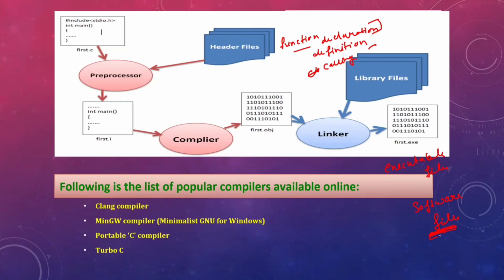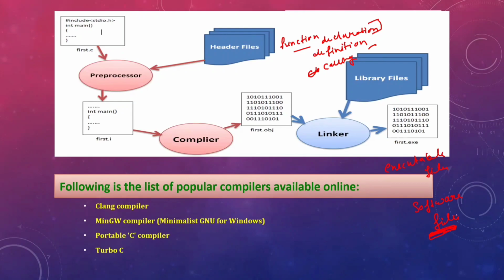So this is the whole process behind your simple or complex program: how to create your source code, how to compile it, what process is going on behind the compilation, and what changes occur in the file during compilation.